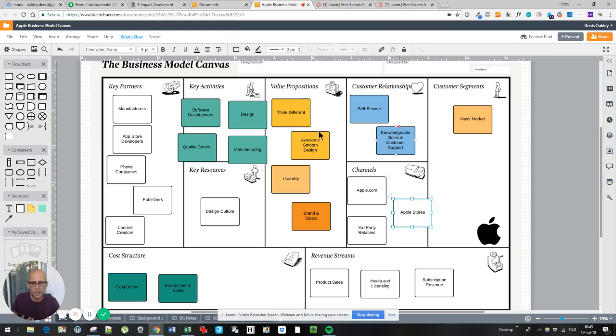Have I got my segmentation right? Have I got my value proposition right? Why aren't I connecting? Is product market fit actually happening yet? In other industries, that's far less important.